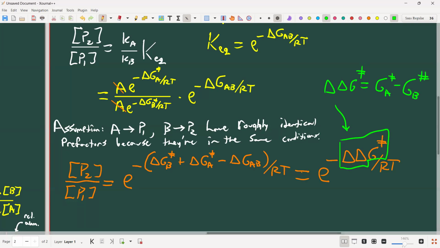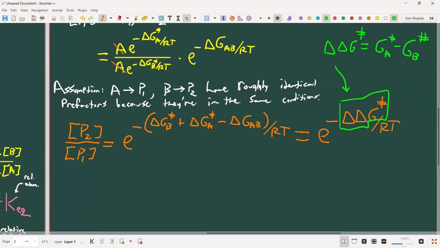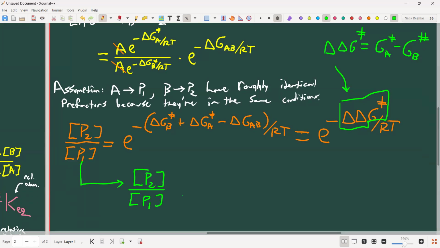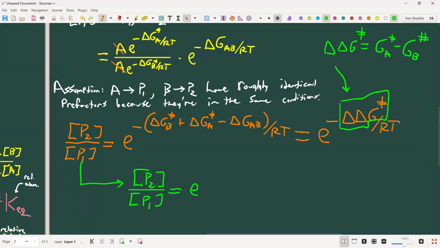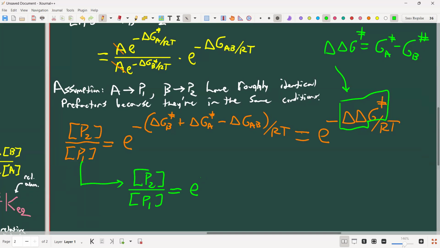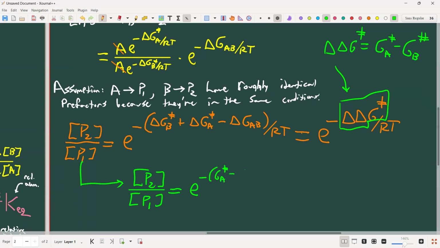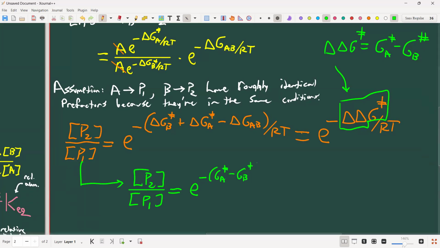Okay, so what that means is that the product ratio in this situation has nothing to do with the initial ratio of your starting materials, but rather it has to do with the relative rates of your two reactions.